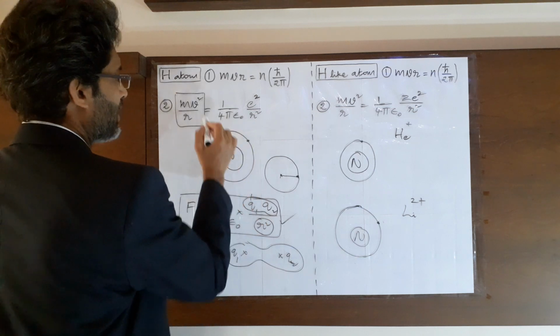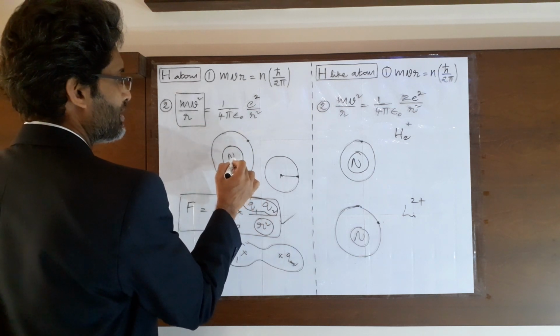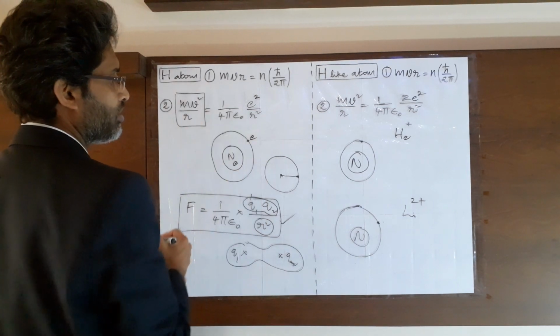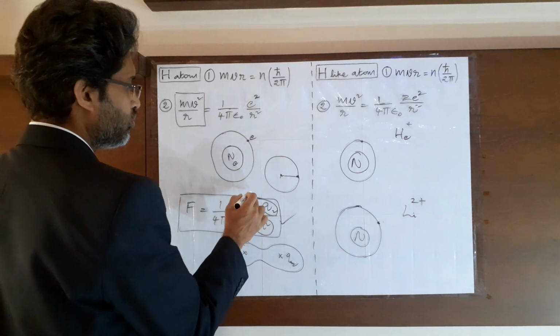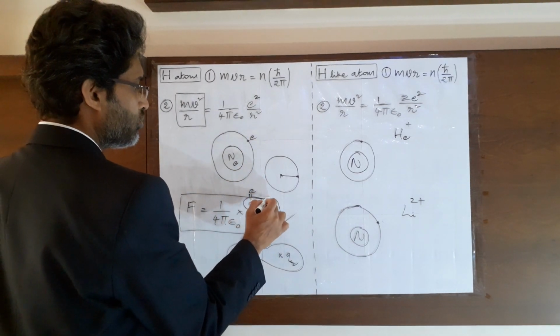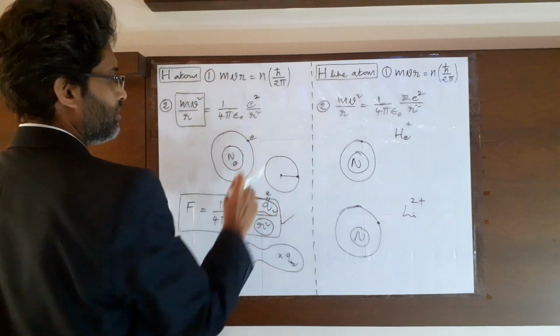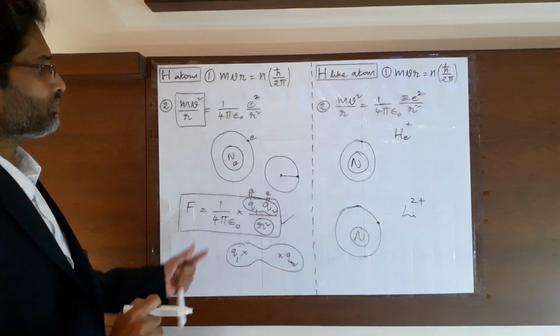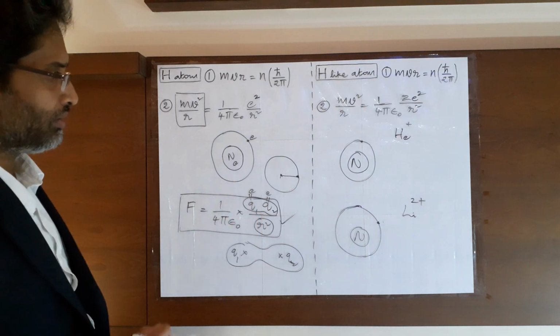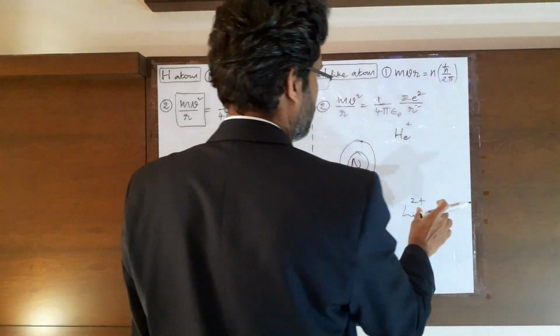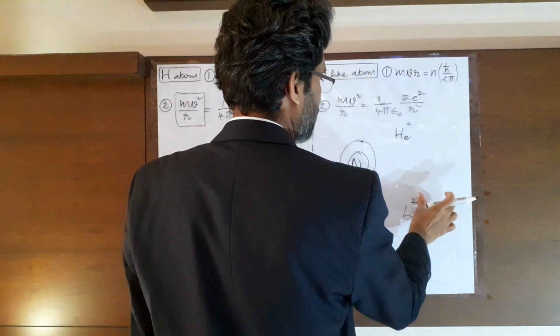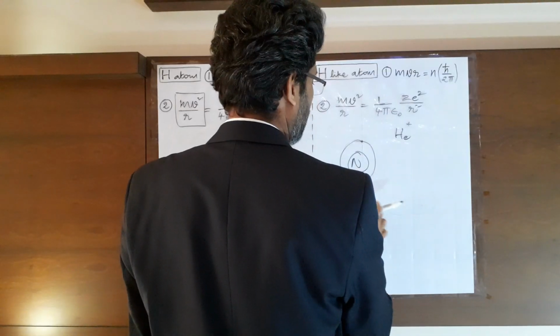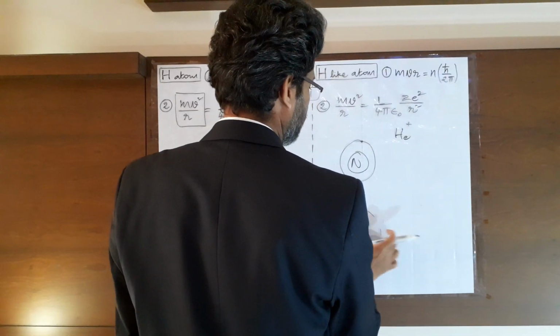Here, if it is a hydrogen atom, the hydrogen nucleus has e charge and the electron also has e charge. So q1 is e and q2 is also e. Then e into e, e square: 1 by 4 pi epsilon naught into e square by r square. Now we think of whether it is Li2 plus or He plus, we are thinking of a hydrogen-like atom.